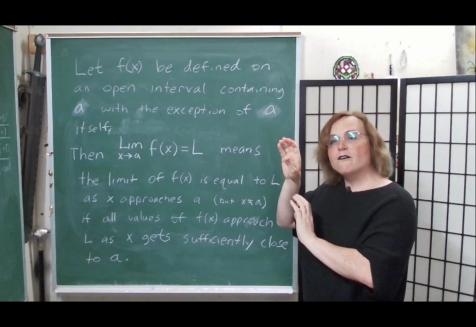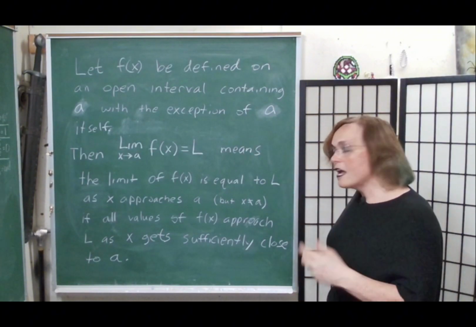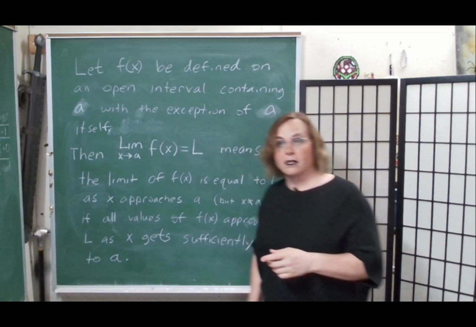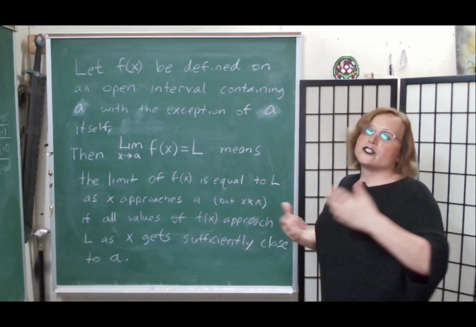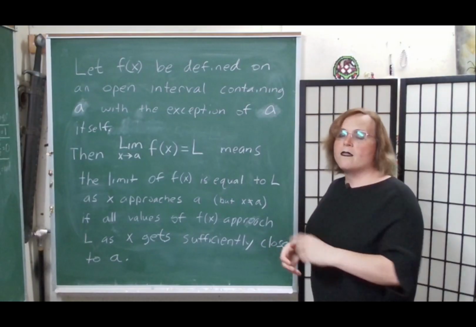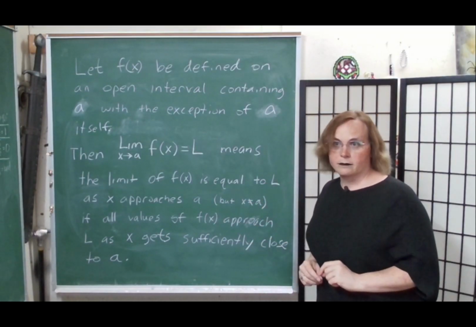But because f of x continued to approach 49, we can say that eventually we would get sufficiently close to a. We demonstrated that we could do this forever, and we would get sufficiently close to a that basically f of x is equal to 49.